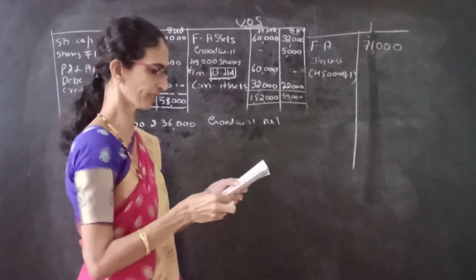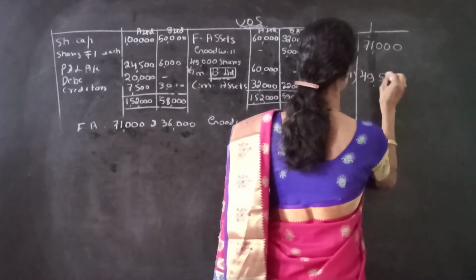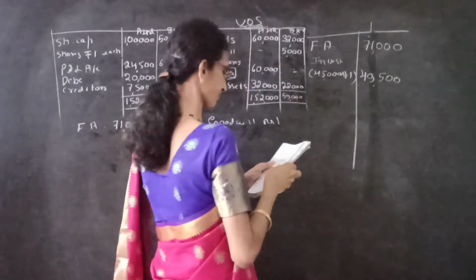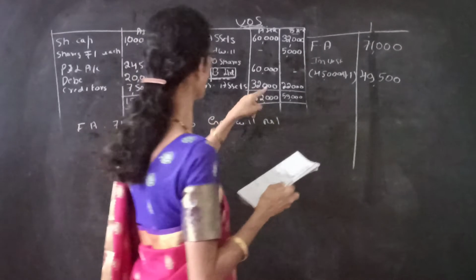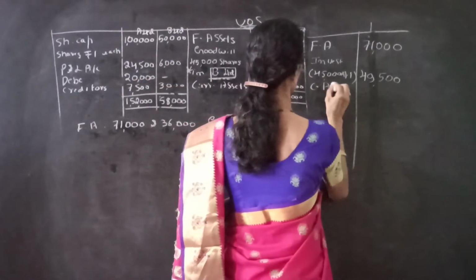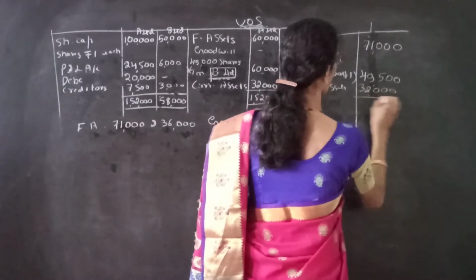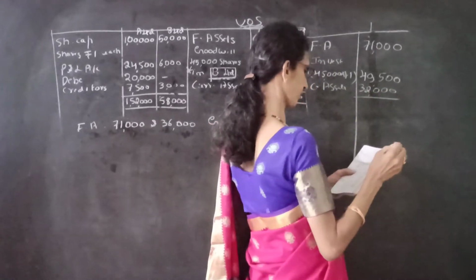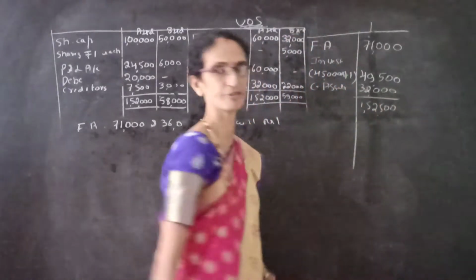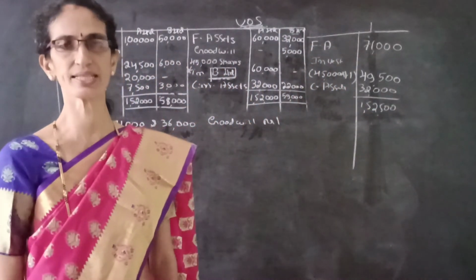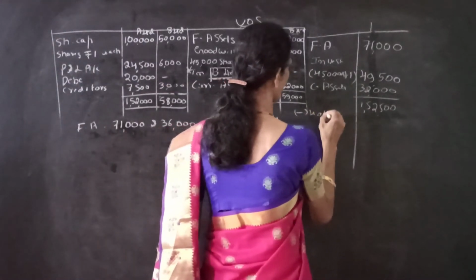So we get 49,500. Next, current asset is 32,000. So the total we get is 1,52,500. With this we have to deduct the liabilities payable to outsiders.